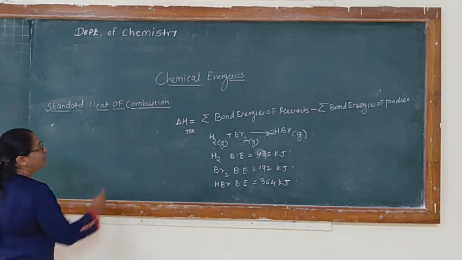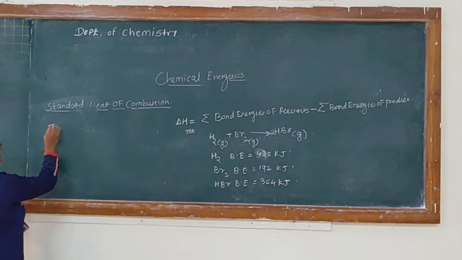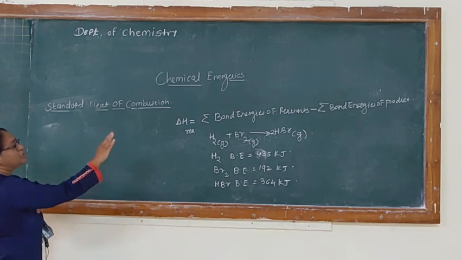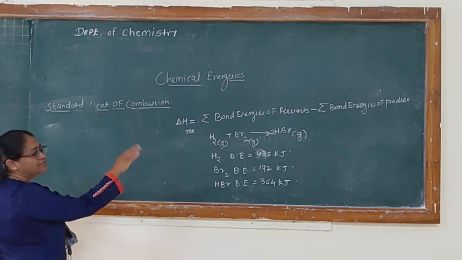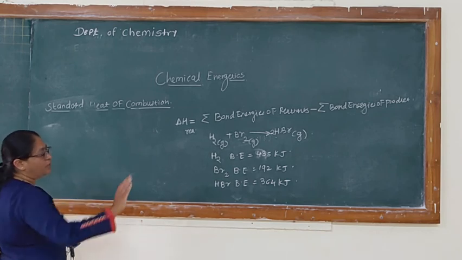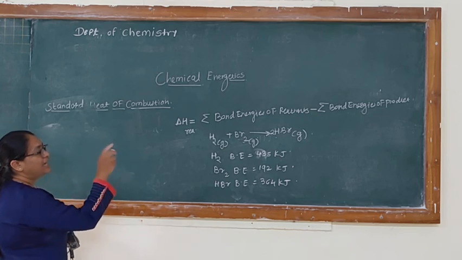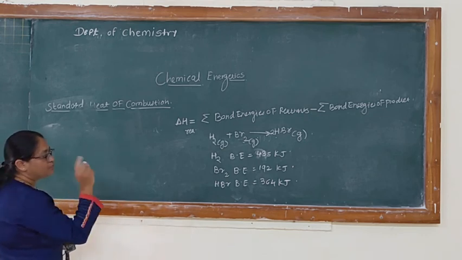For this, we'll directly use the formula, that is, delta H for the reaction is equal to the summation of bond energies of the reactants minus bond energies of the products. Now here the reactants are hydrogen and bromine, and the product is hydrogen bromide.